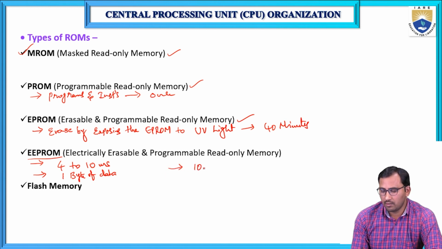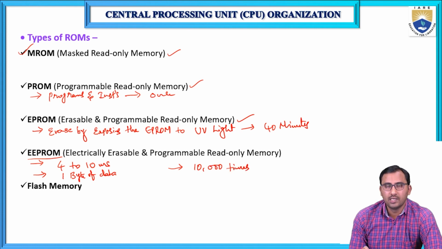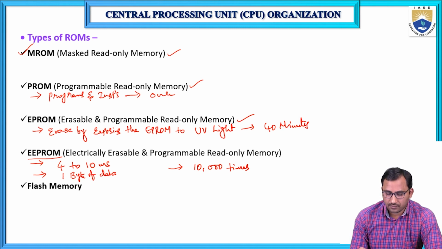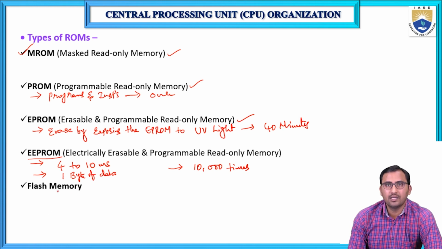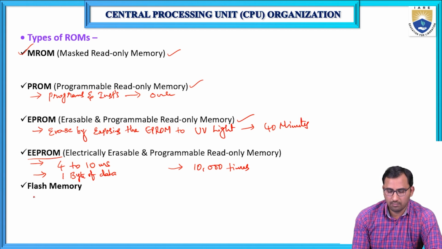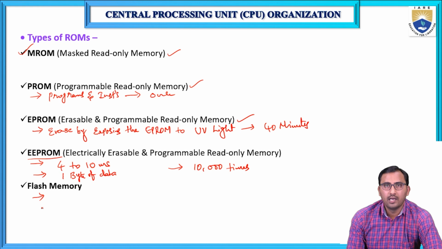Approximately we can do this 10,000 times. And the last one is flash memory. Flash memory is the advanced version of the EEPROM. So these are the different types of ROMs.